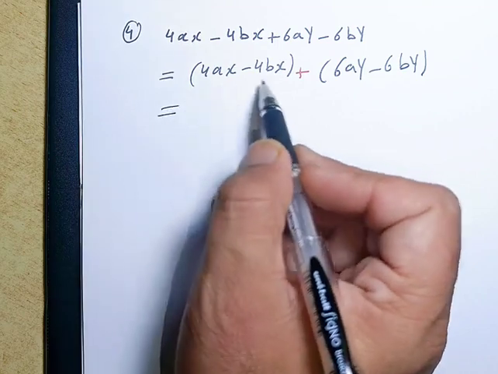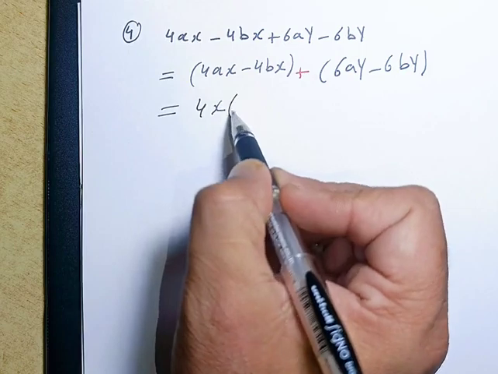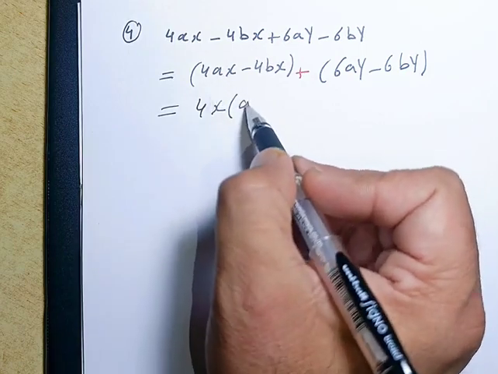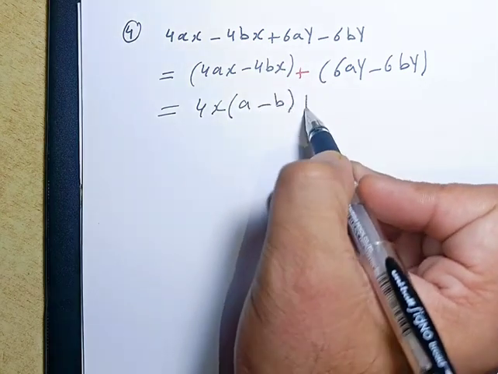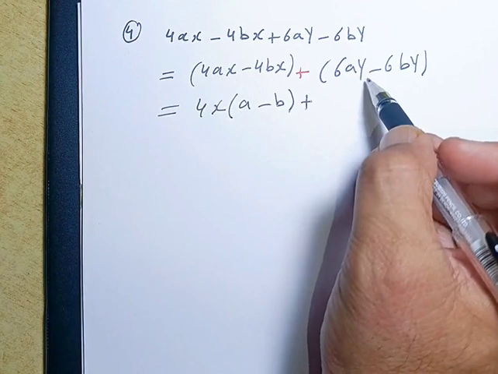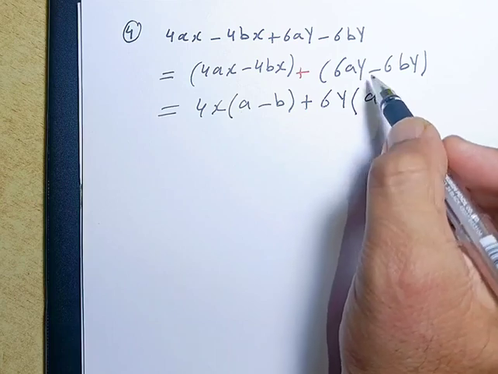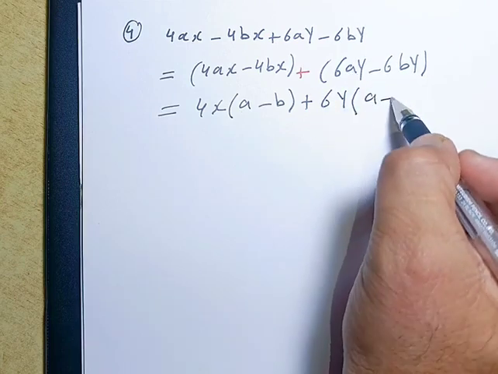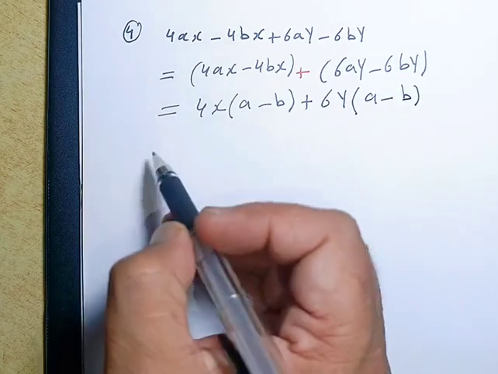Now here 4x is my common factor, so what is left there? 4x is out, a is left, minus b. Plus here, 6y is the common factor. What is left inside? 6y is out, a is left, minus 6y is out, what is left there? b.